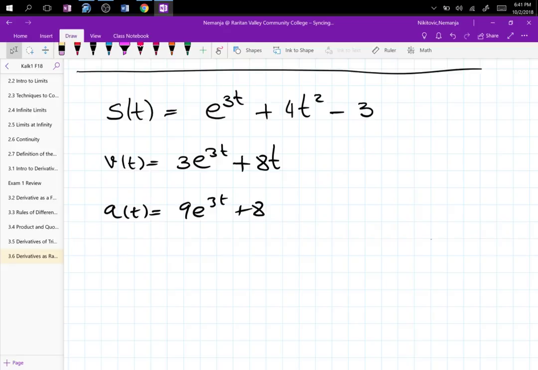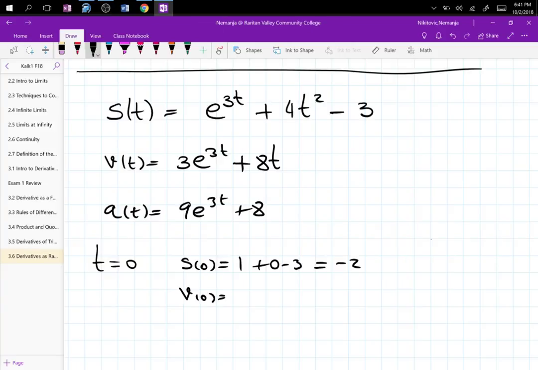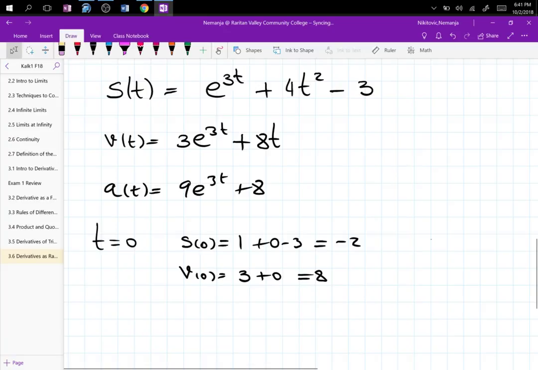Now I can ask you, how far is the object at 0 seconds? So for t equals 0, S of 0, which is the initial case that we are considering, would be 1 plus 0 minus 3, so negative 2. Velocity of 0 would be 3 plus 0, which is 3, in whatever units we're using.